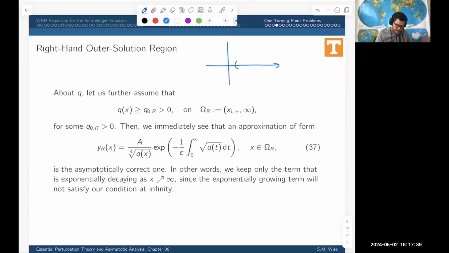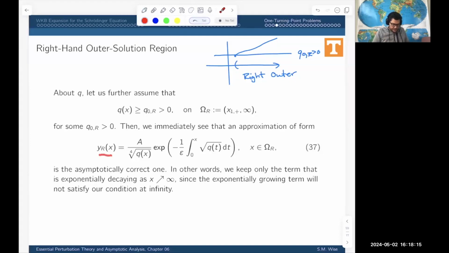So for that right-hand outer solution, we're going to assume that Q is bounded away from 0 by value Q naught R. So otherwise, Q is bigger than that on the outer solution region. If this is the case, then we immediately see that our WKB approximation should be of this form.